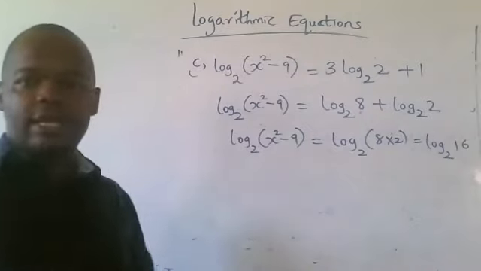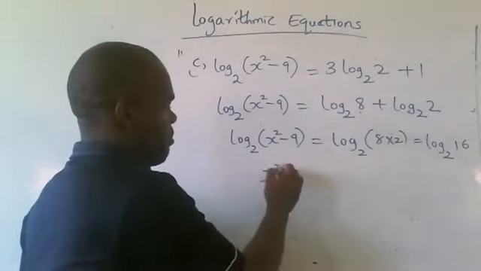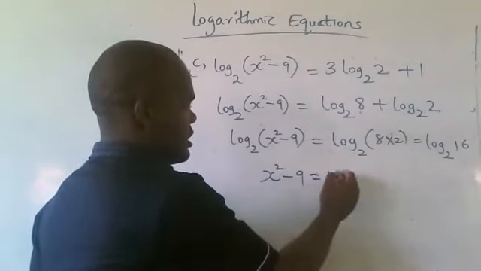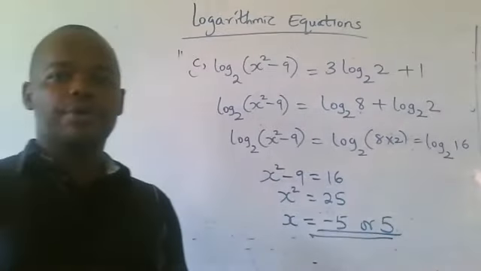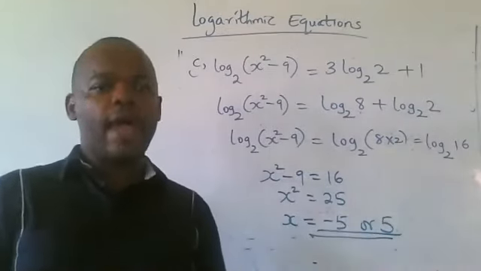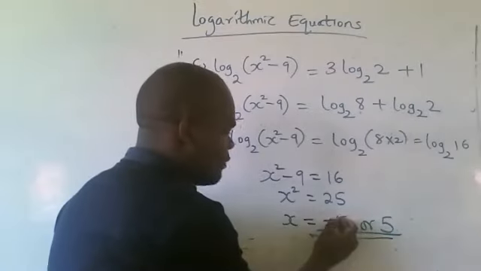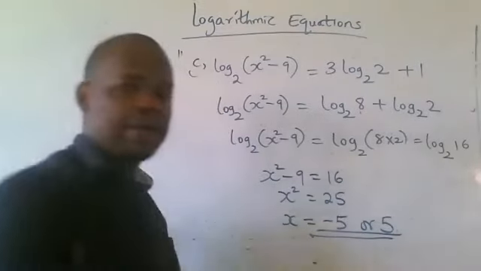And at that juncture, you have x squared minus 9 is 16. So x squared will be 25, but in this case, x will be negative 5 or 5. So in this question, x is negative 5 or 5.